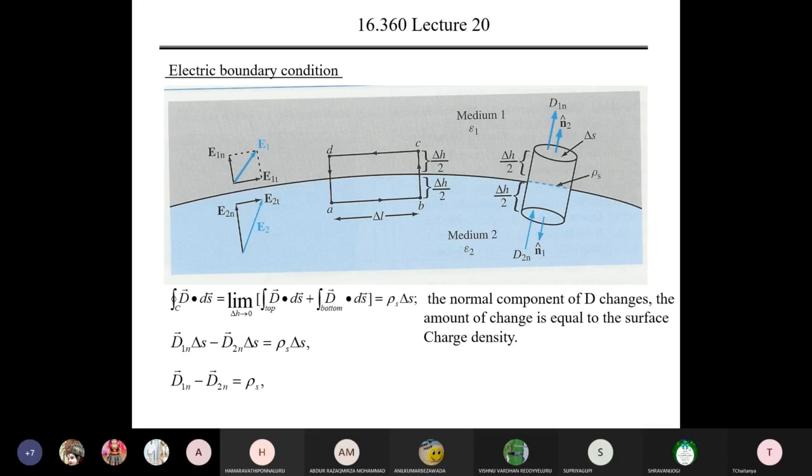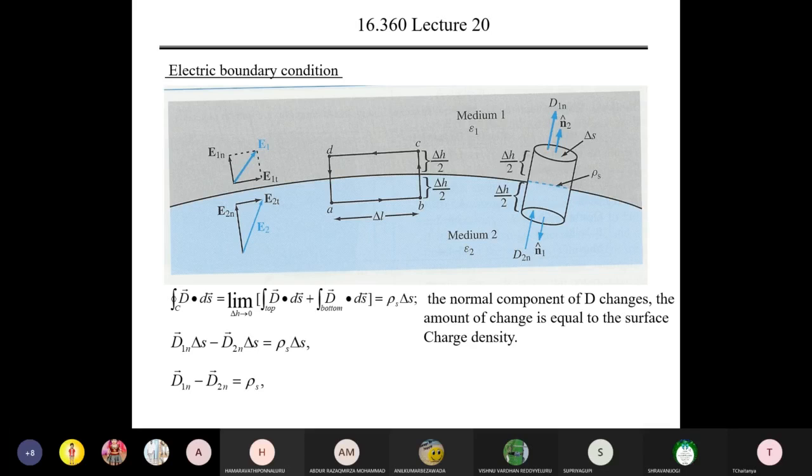Similarly, medium 2 also has a net field. The tangential value is represented by E2t, the normal value by E2n, and the net value by E2. E1 is E1n plus E1t, and E2 is E2t plus E2n.